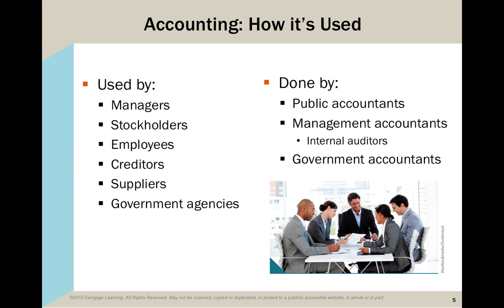And then some government agencies that use accounting and finances include the Internal Revenue Service, which looks at both consumer and business accounting practices, and then the Securities and Exchange Commission, which uses quarterly reports and annual reports to review publicly traded companies.